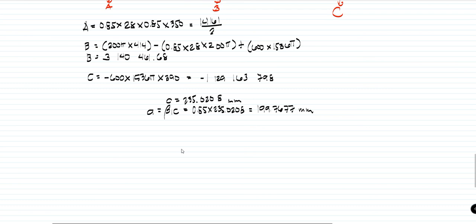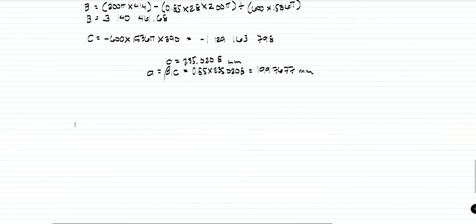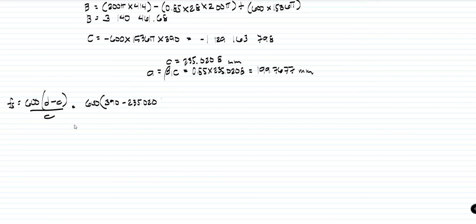Now we have to check yung values natin of Fs and F prime S. So for the Fs, we have here 600 times D minus C over C. So that will be 600 times D. So that is 390 minus C, so that is 235.0208 divided by 235.0208.